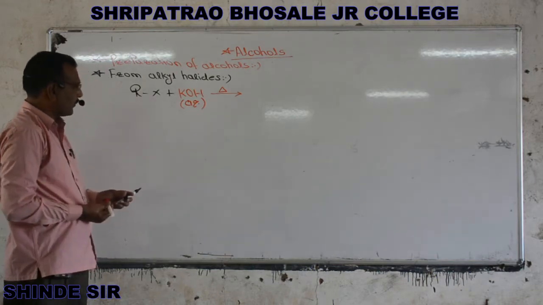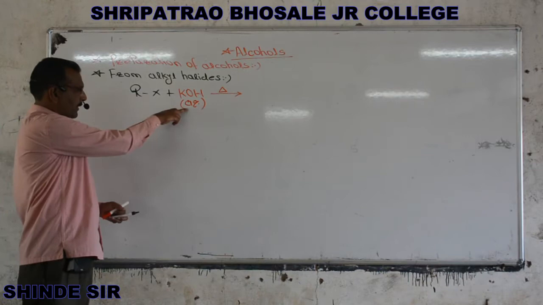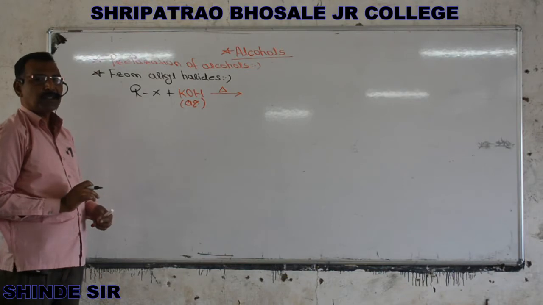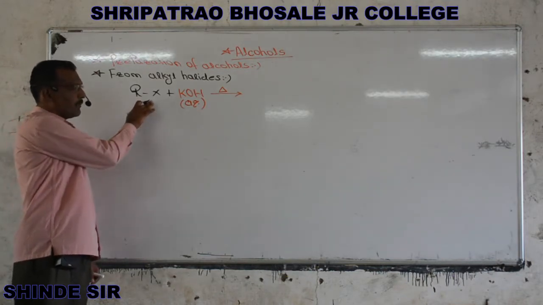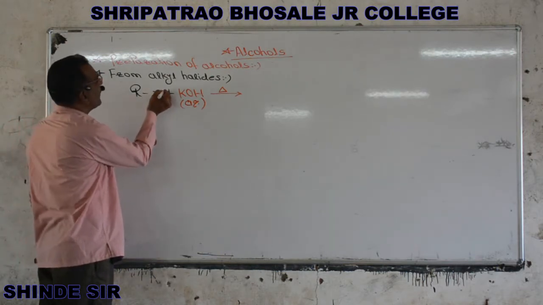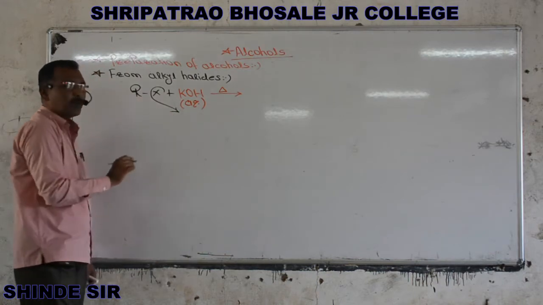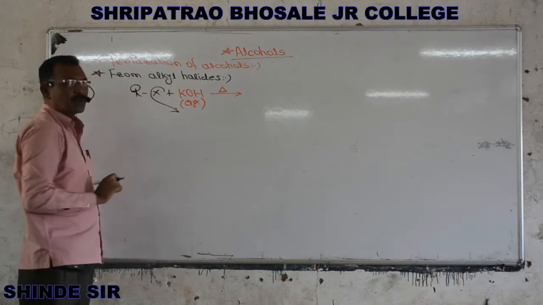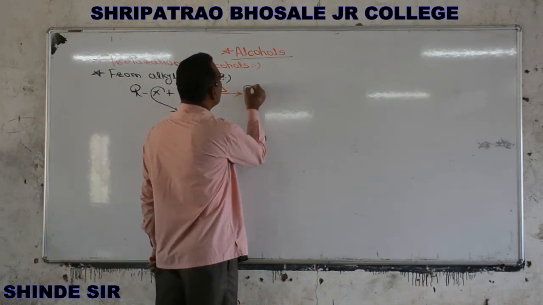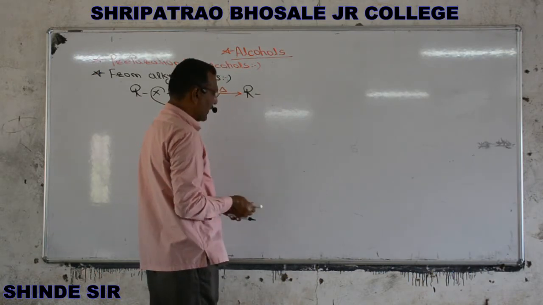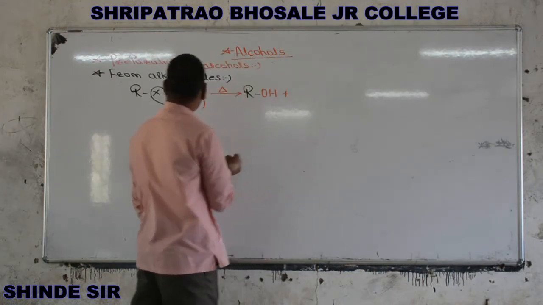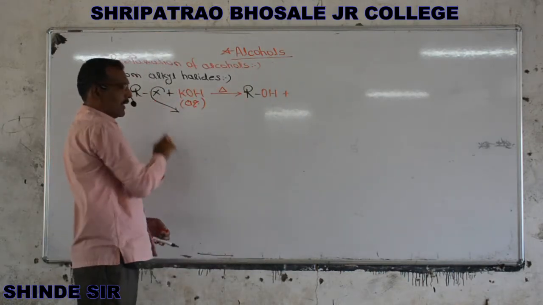So what happens here is that when alkyl halide is heated with aqueous KOH, it undergoes alkaline hydrolysis, and this is actually a nucleophilic substitution reaction. Here the halide ion is replaced by the hydroxide ion, and so alcohol is formed. The byproduct is potassium halide, formed from potassium and halide ions.